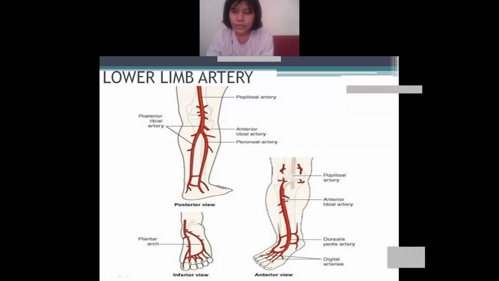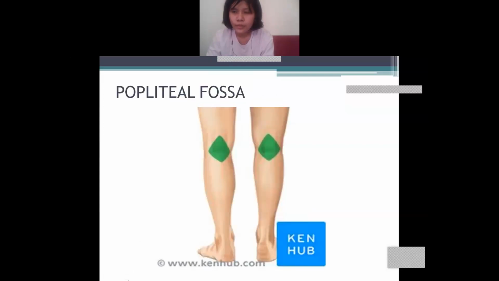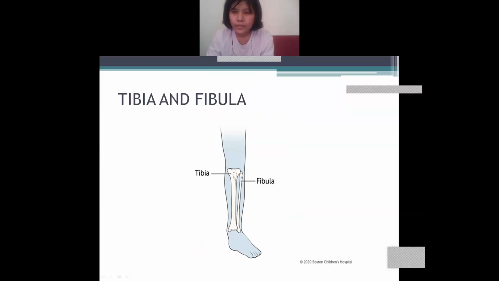So this anterior tibial artery, where does it lie? It lies in between your tibia and fibula, right? This is your tibia, this is your fibula. So the anterior tibial artery will lie here, in between, in the middle.